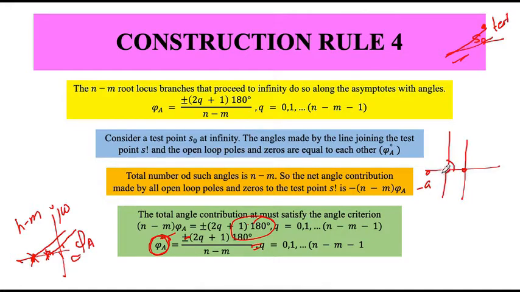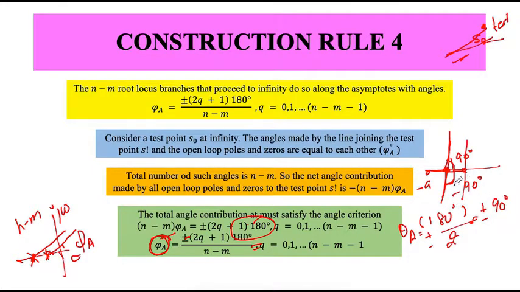Phi a is 180 degrees divided by 2, that is plus minus 90 degrees. So this branch will go like this, positive 90 degrees, and this one will go like this, negative 90 degrees. So these proceed to infinity.